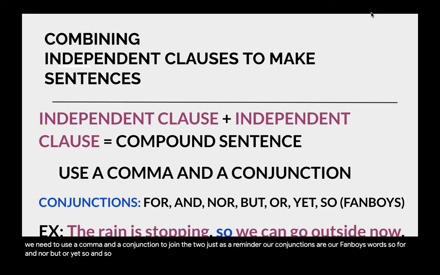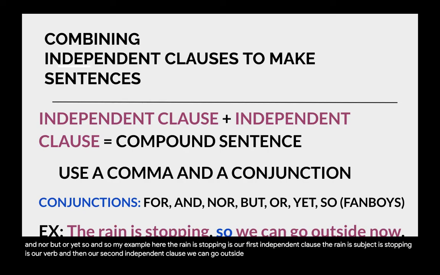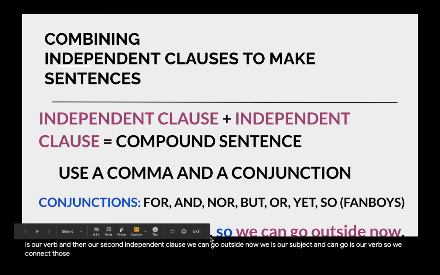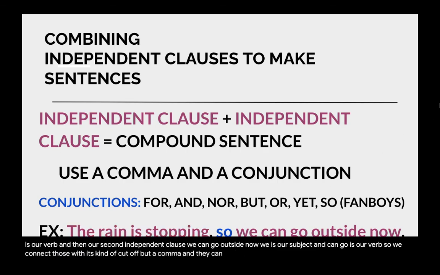And so my example here, the rain is stopping, is our first independent clause. The rain is a subject, is stopping is our verb. And then our second independent clause, we can go outside now. We is our subject, and can go is our verb. So we connect those with a comma and a conjunction, so.